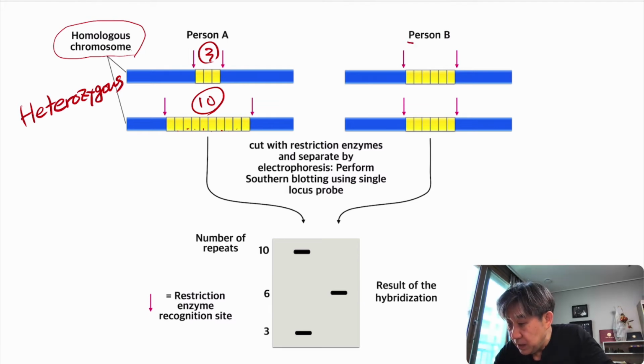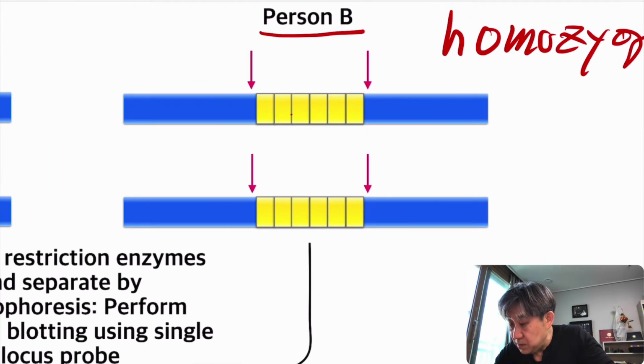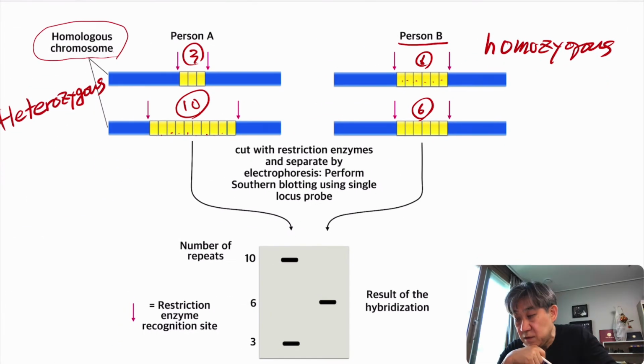But on the other hand, person B happens to carry the homozygous status. So the number of repeats is 1, 2, 3, 4, 5, 6. In both homologous chromosomes, person B has 6 repeats.